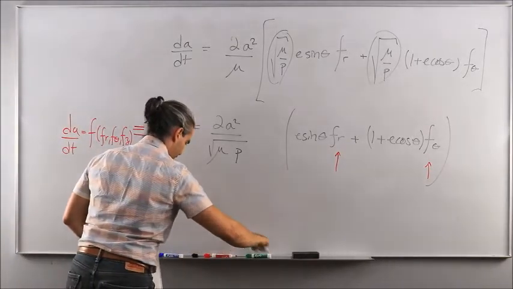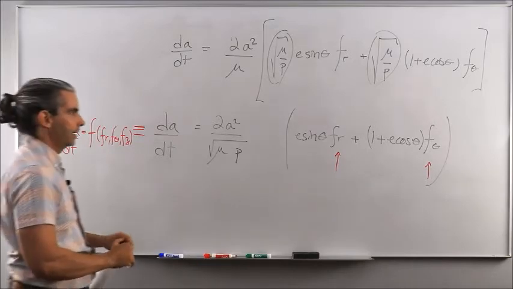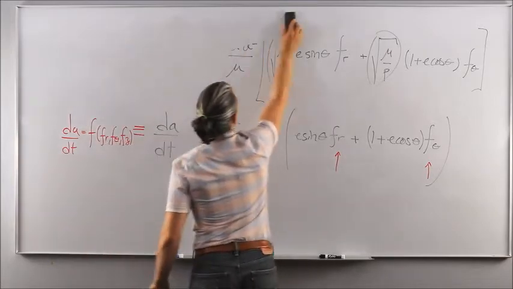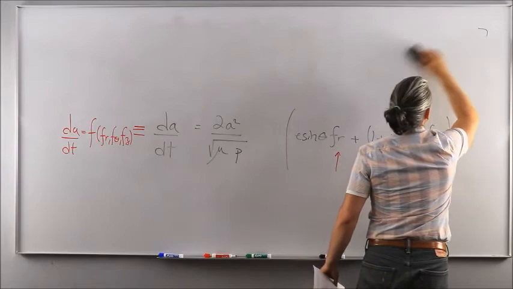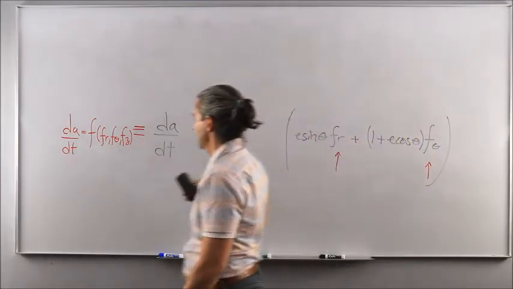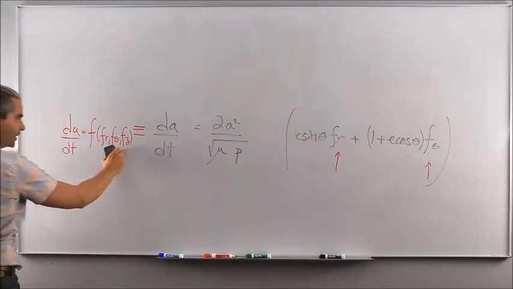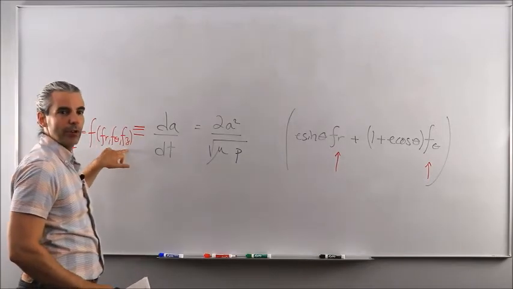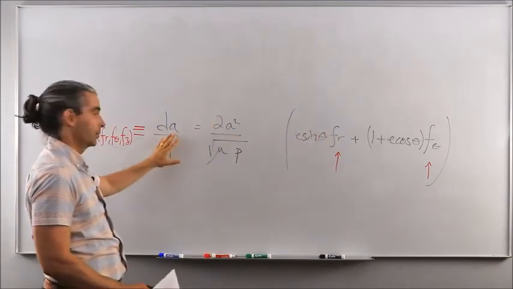Now, fear not, I'm not going to do the entire process for the remaining orbital elements. I'm just going to give you the answers to those. And something to be aware of is that although we're seeking, generically speaking, expressions for rate of change in orbital elements as functions of f_r, f_theta, and f_z, it doesn't mean that the x, y, z components of our perturbing acceleration will always have an influence on all orbital elements.